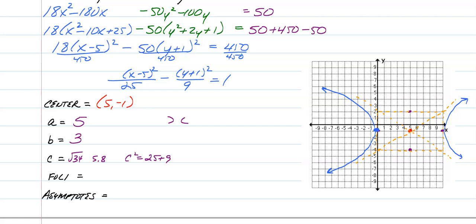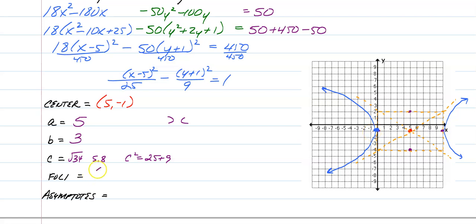So remember, your focus is always going to be inside of a shape. So just like an ellipse, there are 2 of them. The reason why we had to add is because we have to be farther away from the center to get inside. If it was an ellipse, we subtract, so we're inside of the box. But a hyperbola is farther. Since the x is positive, our y is going to stay the same.